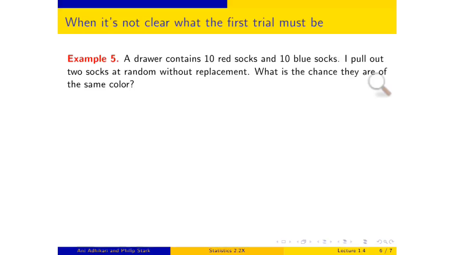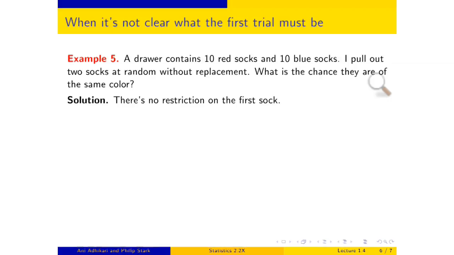So let me play the game that I set up on the previous example, which is to ask myself, what does the first sock have to be? Well, there are 20 socks in the drawer. What condition must the first one satisfy? Well, there isn't a condition on it. There is no restriction on the first sock that I draw. 20 out of the 20 socks are fine to be drawn.